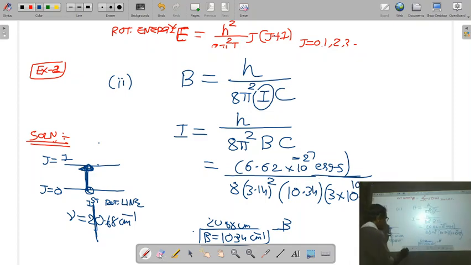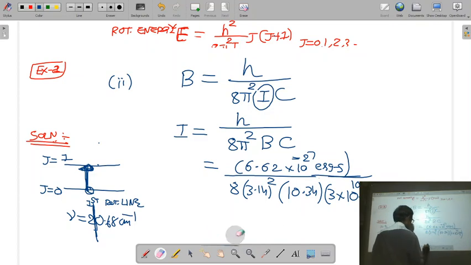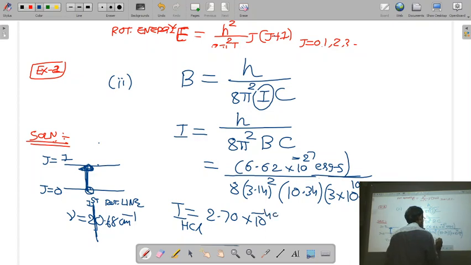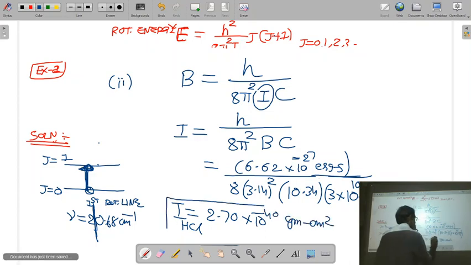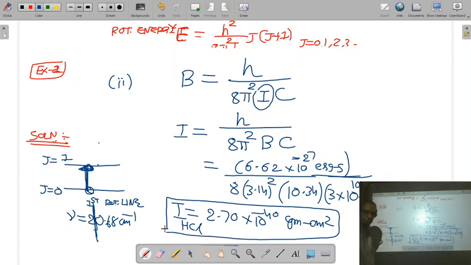If you calculate this, you will get the moment of inertia I of the HCl molecule as 2.70 into 10 raised to minus 40 gram centimeter square.